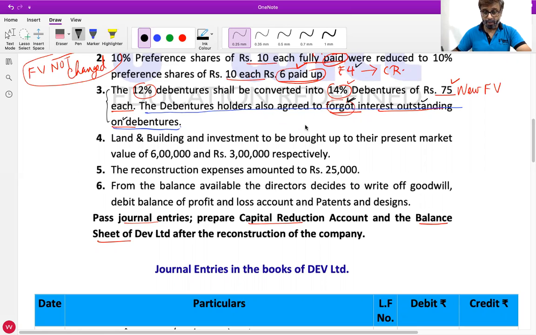Divya Malodkar from OP Road, unmute yourself. Can you tell me what will be the entry for debenture holders agreed to forego the interest on debentures?